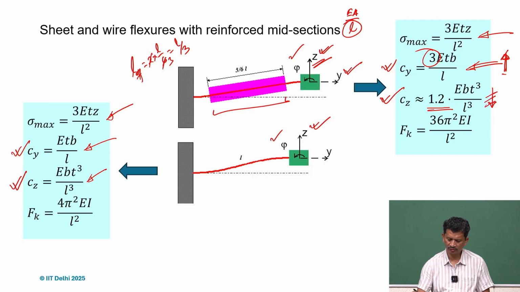If you are talking in terms of stiffness, we'll say the stiffness has also increased, which is not desired, but okay, there is a 20% increase in stiffness. So in the compliant direction, there is a 20% increase, and that's what we see here.